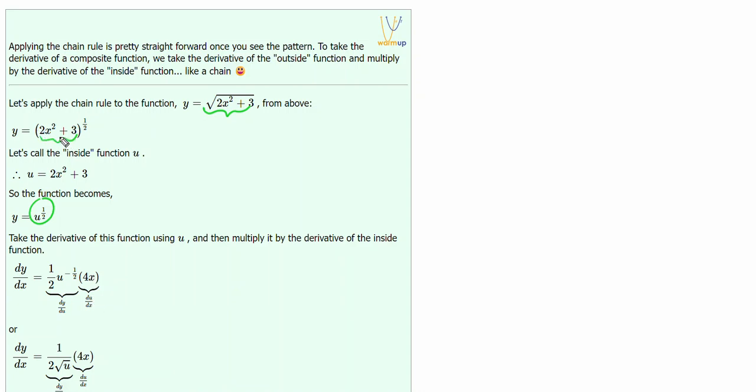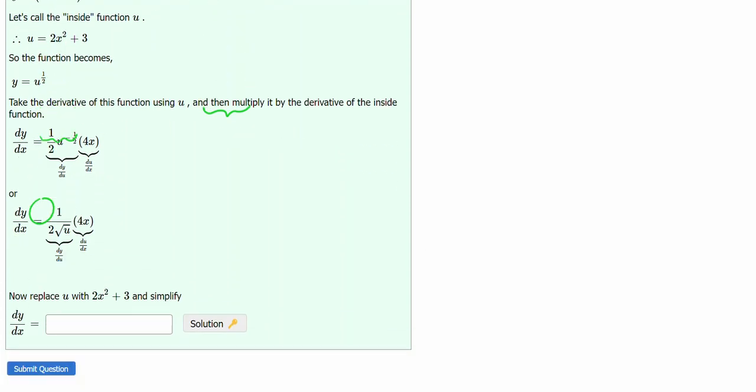That's the derivative of this guy on the inside, which would just be 4x, right? Bring the 2 down, so now we've got 4x. Simplifying this a bit, we have 1 over 2 and then the square root on the bottom, right? That's just getting rid of the negative and turning it back into a square root. And then the very last step here, we would replace u with what we know it is, 2x squared plus 3.